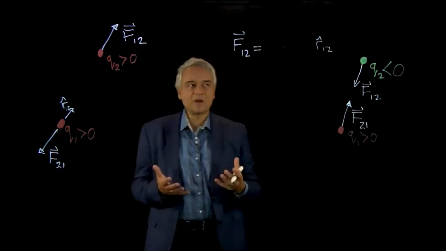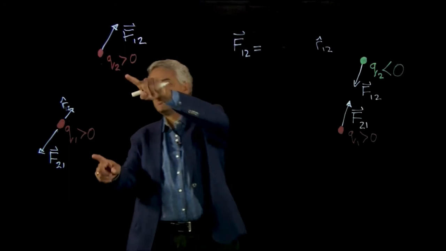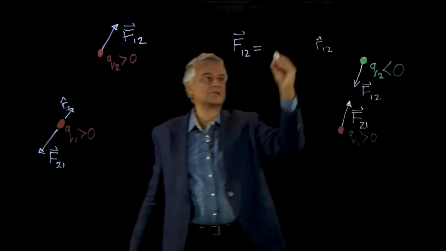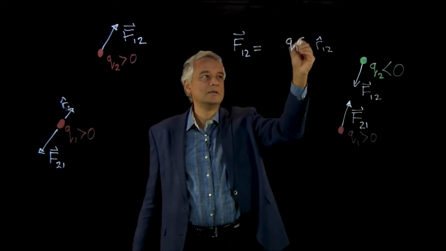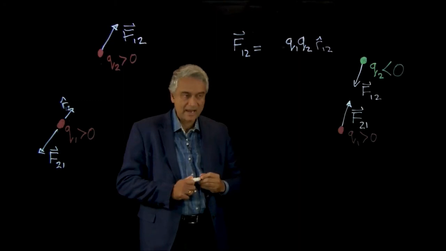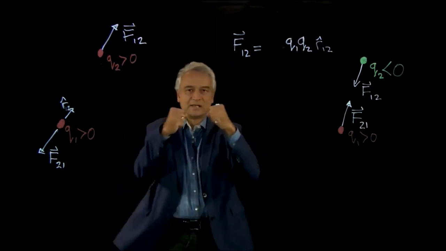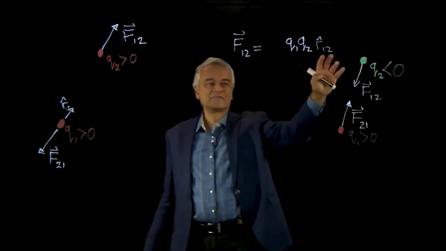And from experiment, we learn that the electric force between two objects is proportional to both their charges. So it has a strength that is written as Q1 times Q2. And what you see from this is that right away we get the basic feature that like charges repel and opposite charges attract. We get that just from what I've written so far.